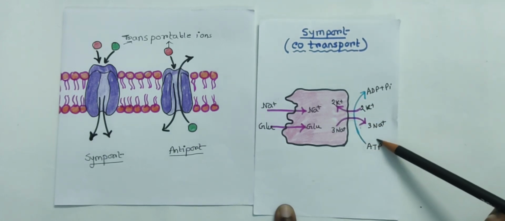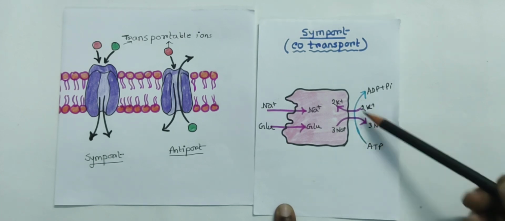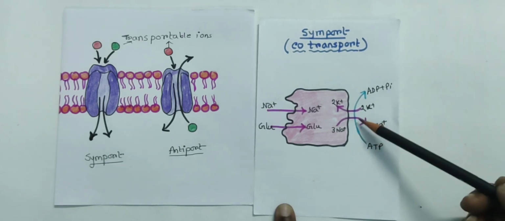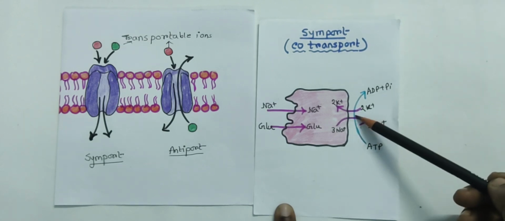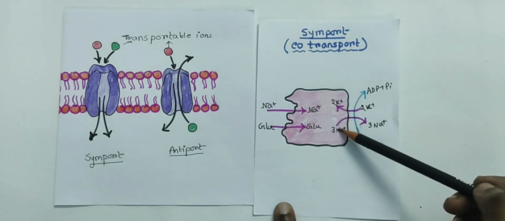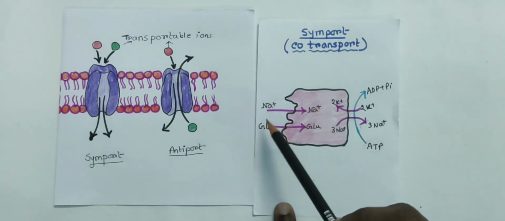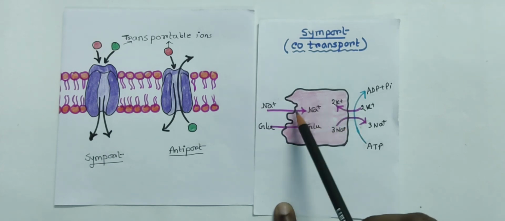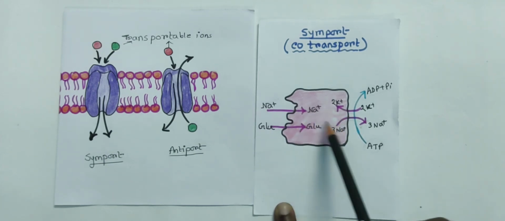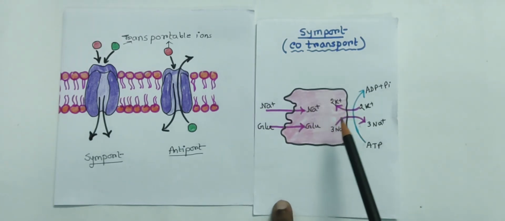They get energy from ATP. ATP hydrolyzes to form ADP and Pi, and the energy produced by the hydrolysis of ATP is utilized here. Whenever the sodium is pumped out, then in the next cycle sodium comes into the cell. So it is an indirect utilization of energy. This is the co-transport or symport.